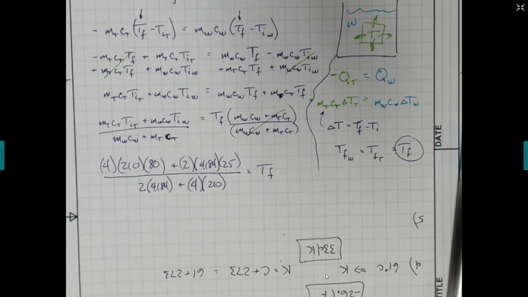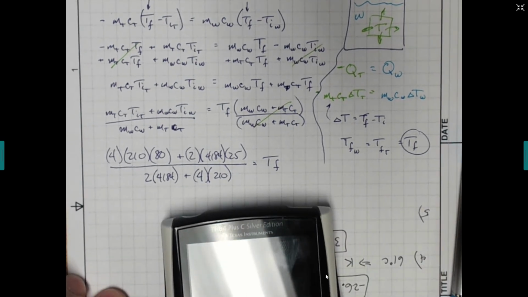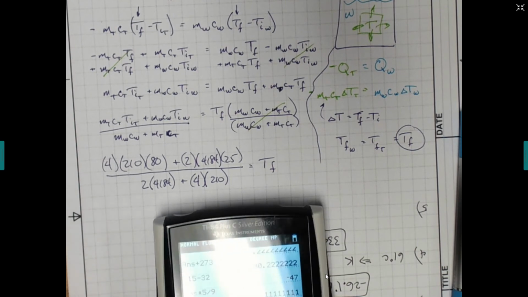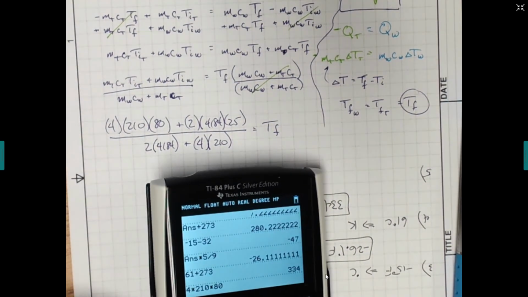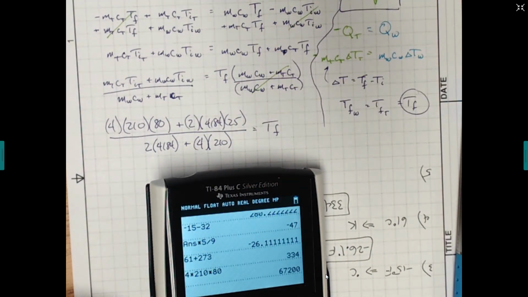Okay, so a lot of craziness in there, so we just got to use our calculator. Be careful that you do order of operations correctly, so I try to break it apart. I'm going to do 4 times 210 times 80. That's this first part, so it's 67,200.